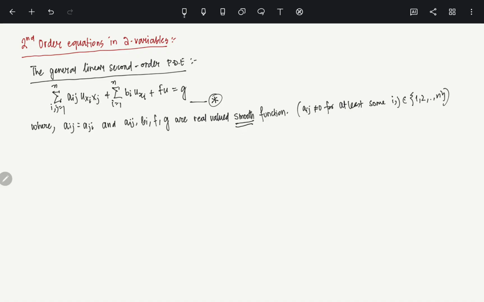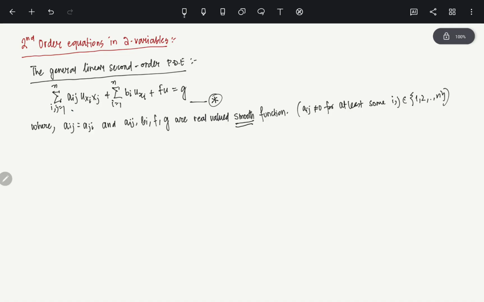Another thing, please understand: we are essentially looking at a two-dimensional setting, so two independent variables. The variables here you can think of as x1 and x2. Of course, you can talk about x1, x2 and x3, and then this equation becomes a much more complicated expression. Why?